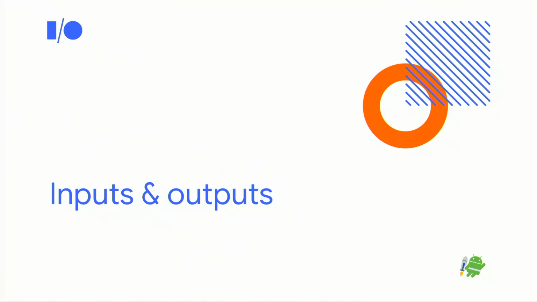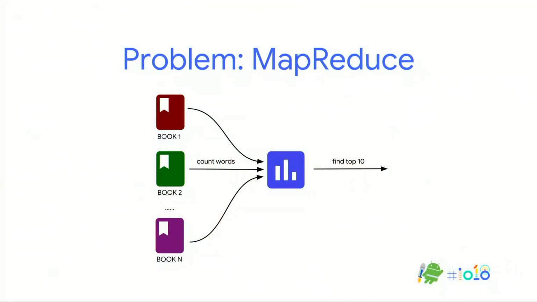So we've talked about all of that, but there's a key concept that I want to cover that's very much related to chaining. This is inputs and outputs. So let's talk about this problem that I have here. It's a MapReduce, and a good way of explaining a MapReduce is to give an example. I've loved reading Sherlock Holmes novels since I was a kid.